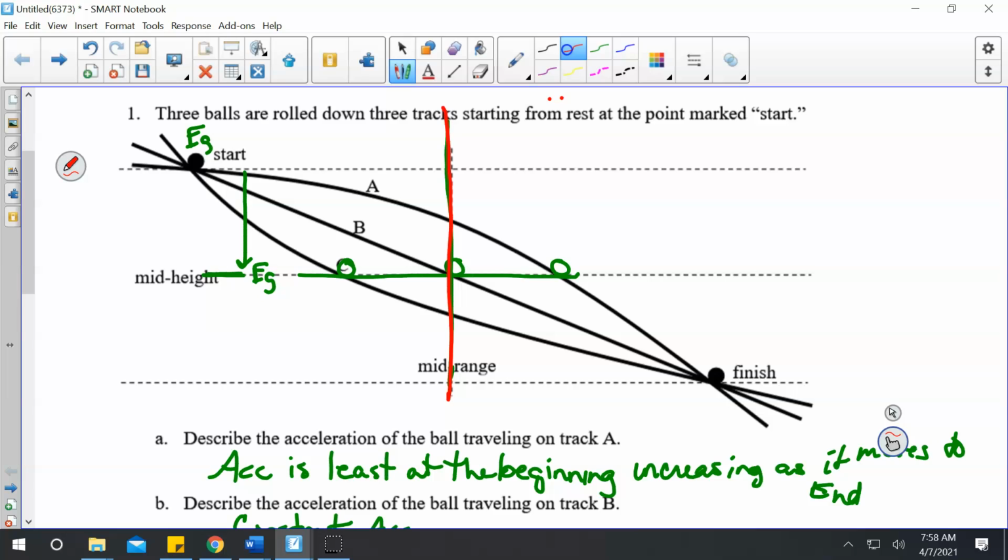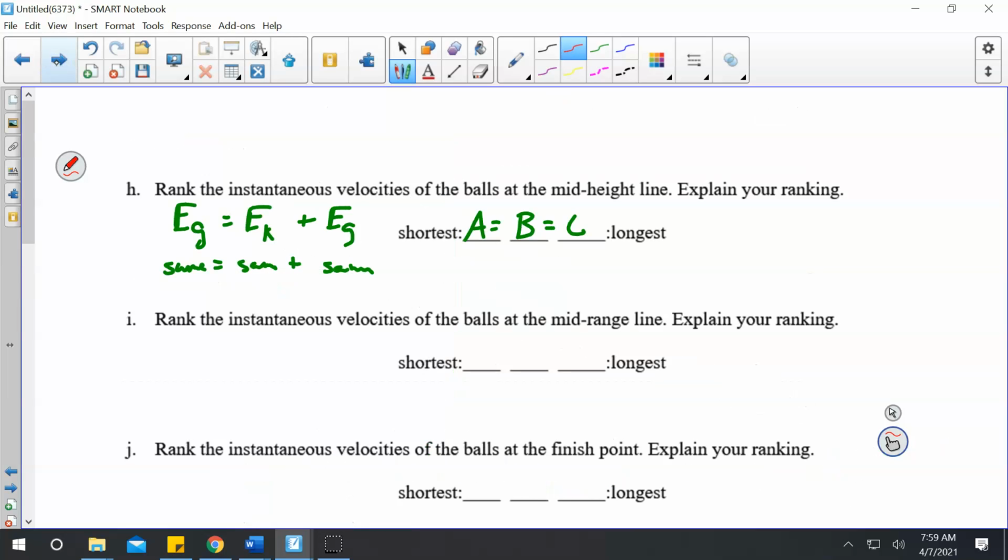Now if A is here, yes, it changed its energy gravitational, which it had here, to this. B is here, and C is here, but you can see C underwent a greater change in energy gravitational, and so that is being stored now as energy kinetic. It's really the same thing here, except the energy gravitational that they changed was different.